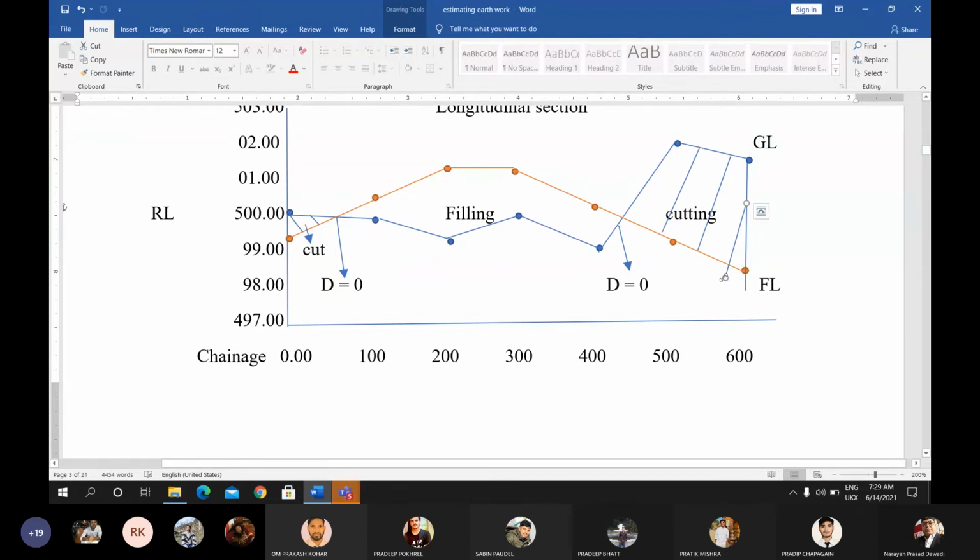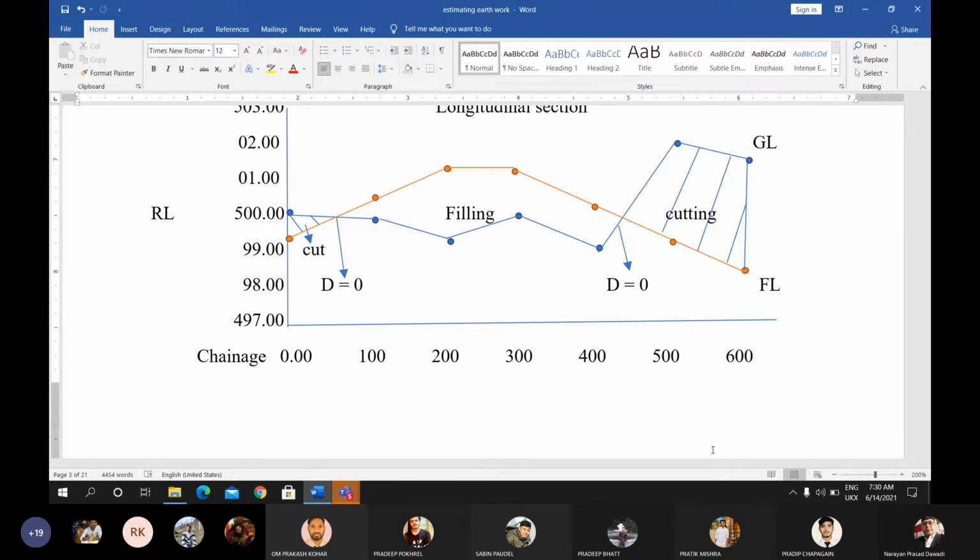It is difficult to make these things on a laptop or computer. Now the yellow or orange line is the formation level, whereas the blue line is the ground level.